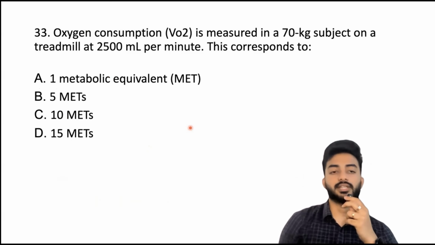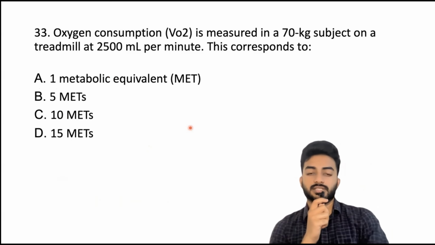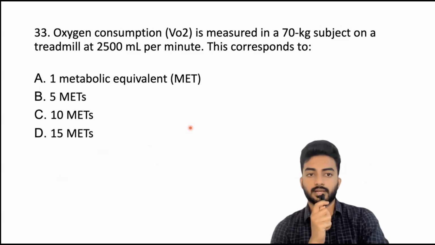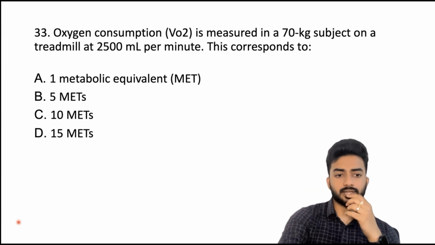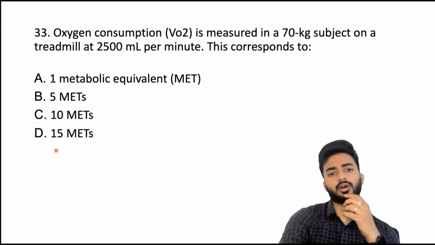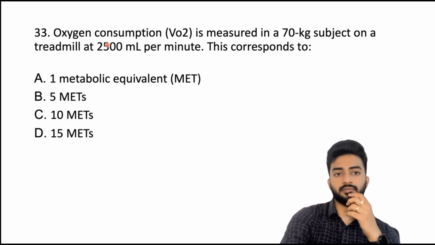So next question, 33. Oxygen consumption VO2 is measured in a 70 kg subject on a treadmill at 2500 ml per minute. This corresponds to 1 met, 5 met, 10 met, or 15 met. So they have given the energy consumption, that is 2500.